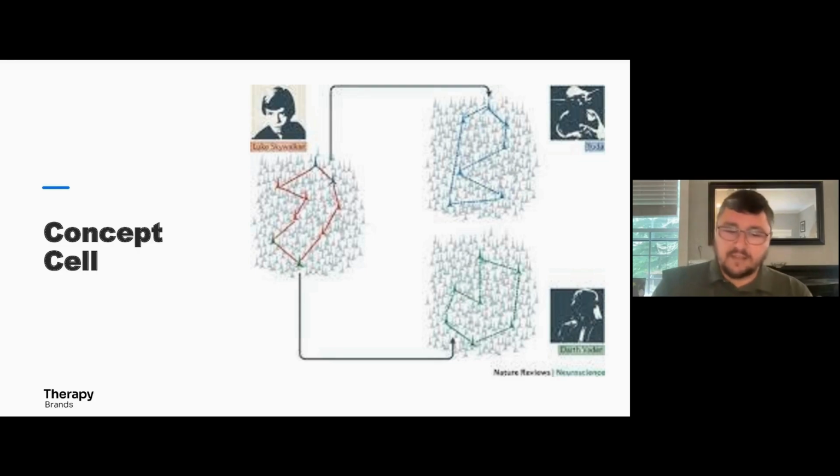What they did was essentially measure a single cell's firing response to different stimuli. And what they found was that this one cell would fire when it saw Jennifer Aniston. So it became the Jennifer Aniston cell.